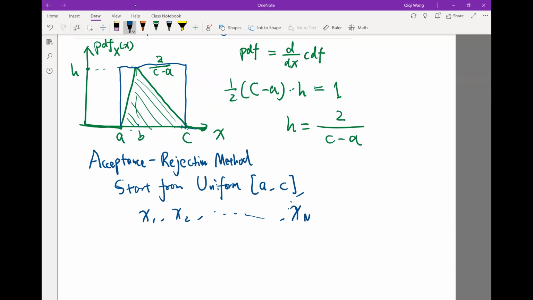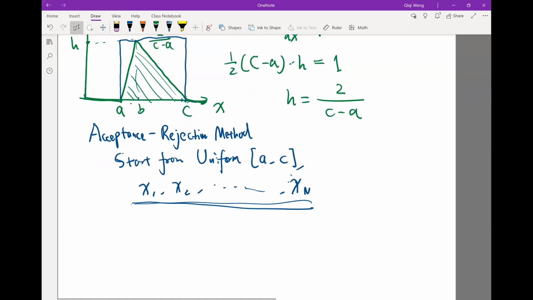But for this to be a triangular distribution, I need the samples to be more likely when it's around B and less likely when it is around C and A. So how do we change these values to make them what we want? The idea of this method is to either accept or reject this set of samples depending on where they are.